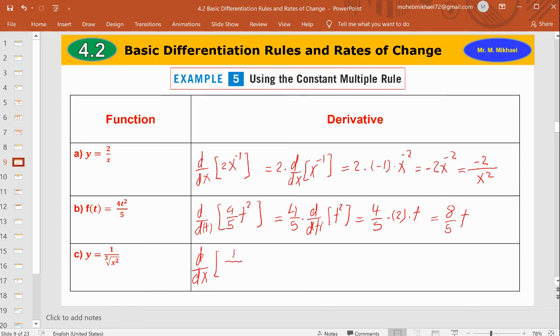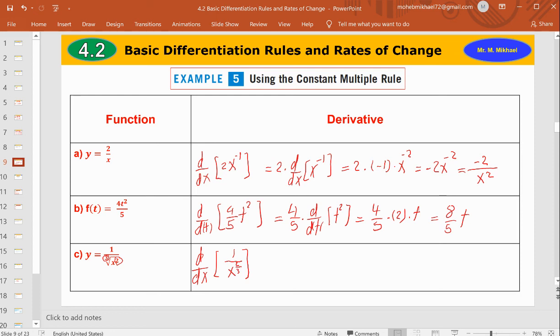If you want to turn this function from radical form to exponential form, you create a rational exponent of x, and you get this outside number, we call it the index, you get it down, and you get the power of x to be the numerator of this fraction. So that's the derivative of 1 over x to the power 2/3.